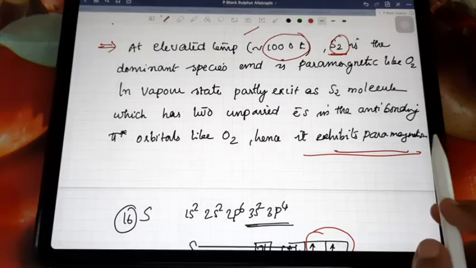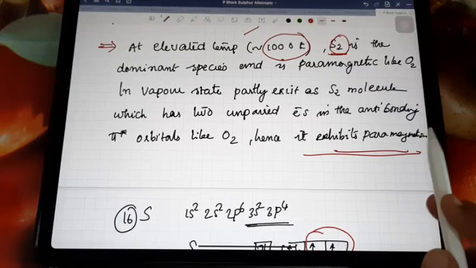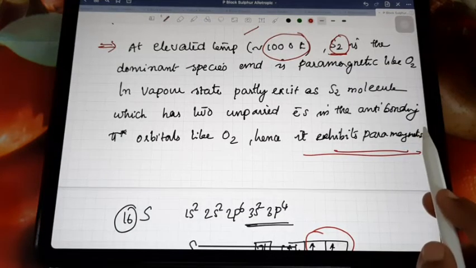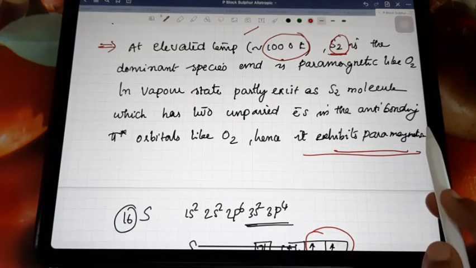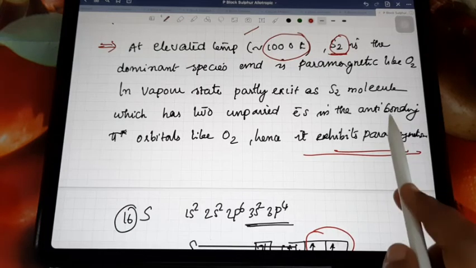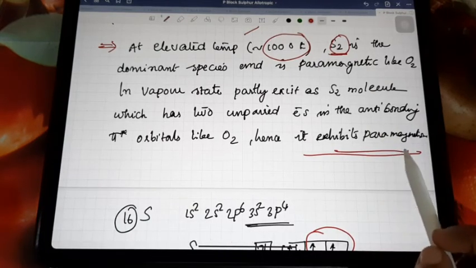That's why it has a paramagnetic structure. And in the vapor state, sulfur partially exists as S2 molecules. This is the reason S2 exhibits paramagnetism.